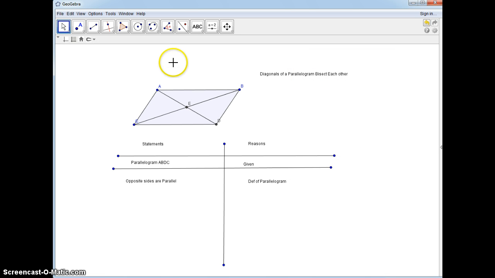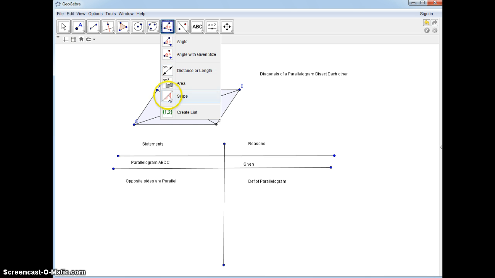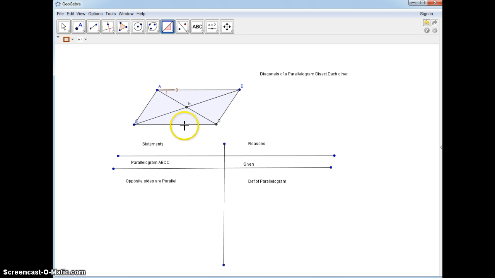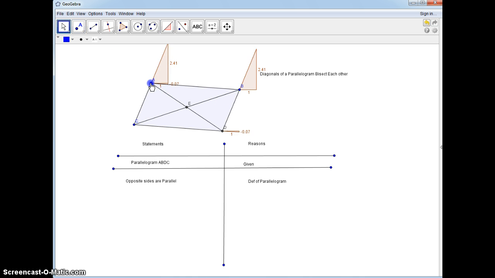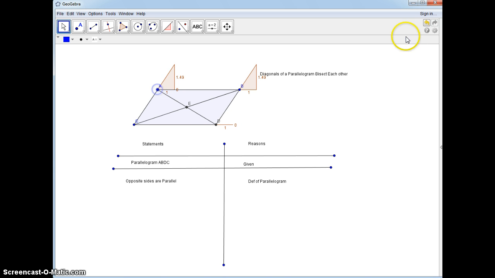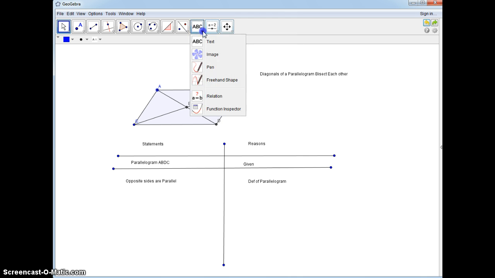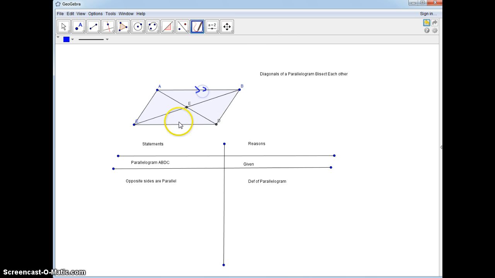We could show that it's true because opposite sides being parallel means the opposite slopes are congruent, and they are coming out as congruent. This is a construction, so you can move the vertices and it'll always be true. I'm going to remove that for right now because, by showing opposite sides are parallel, I'm just going to be using the parallel line tool and show the parallel this way by marking it.